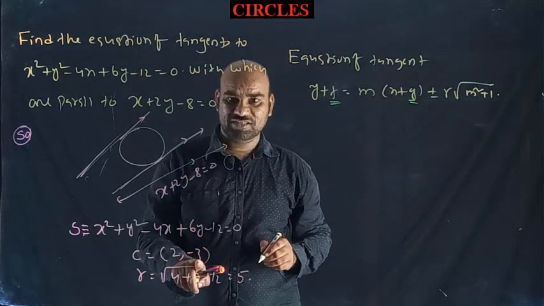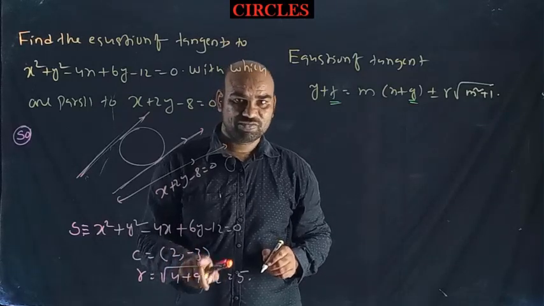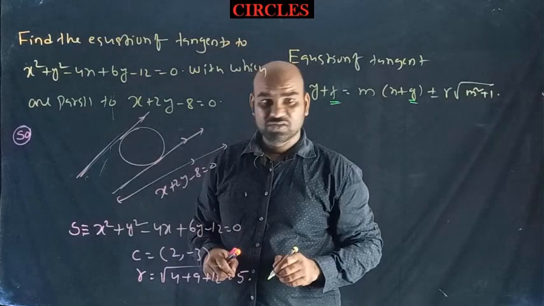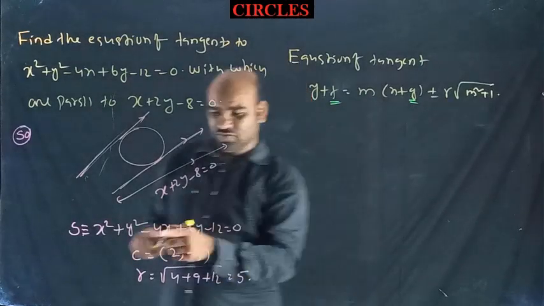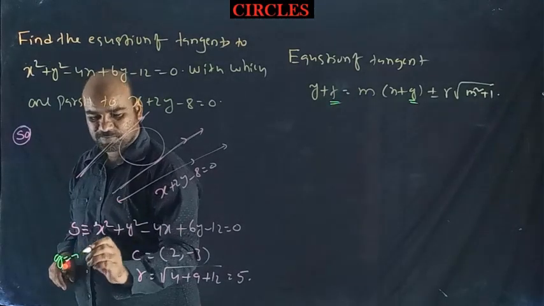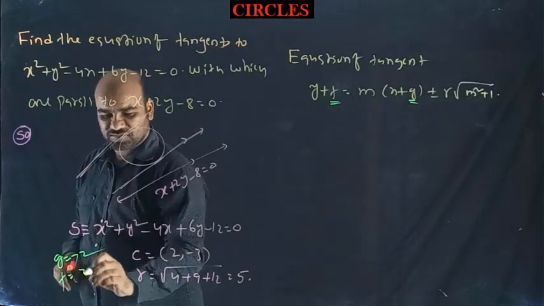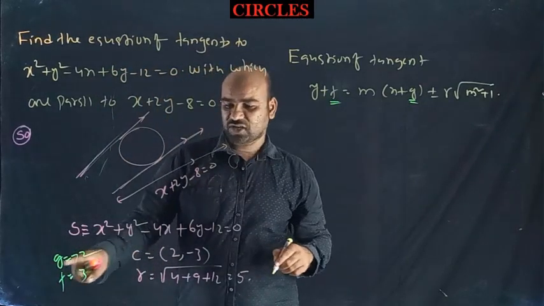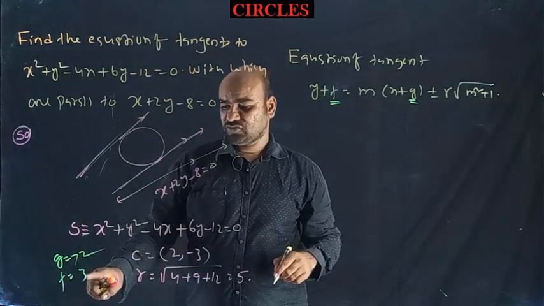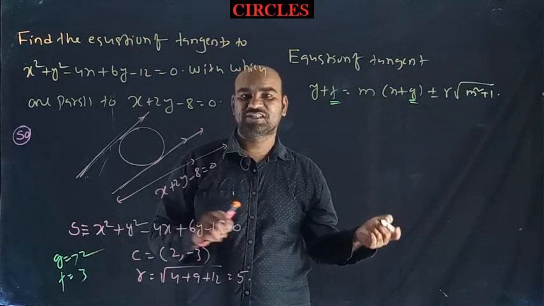So what are the actual f and g values? Actual g is minus 2. Actual f is 3. Don't confuse. The center is minus g comma minus f, that's why you have got 2 comma minus 3.